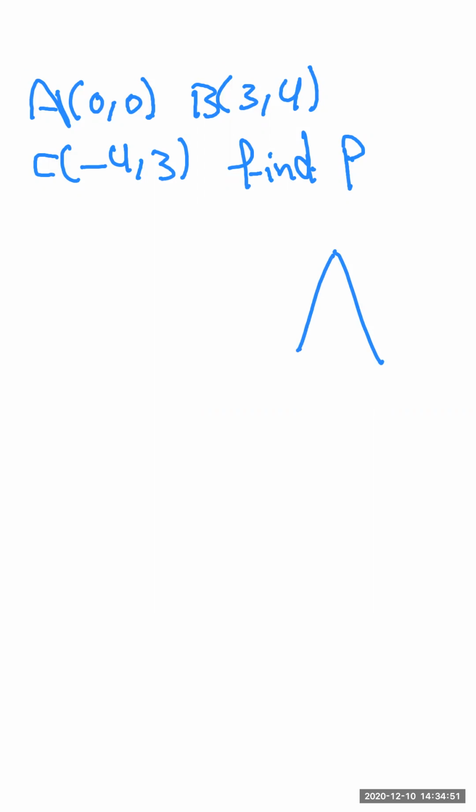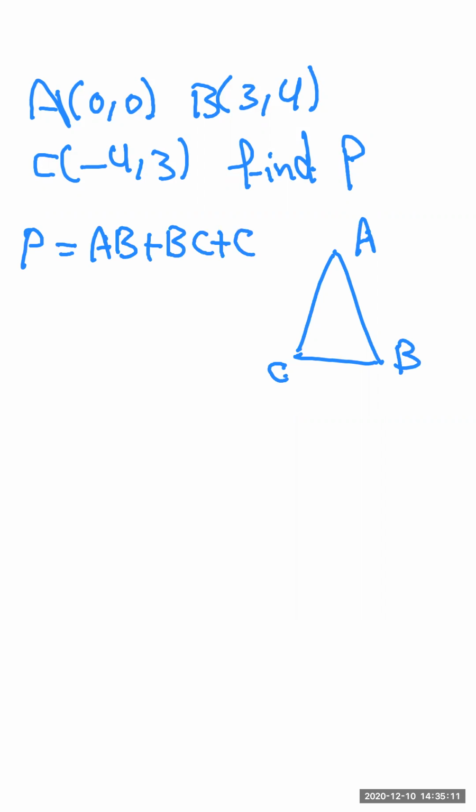Triangle like this one, guys, A, B, C. I want to get the perimeter. Perimeter of the triangle means AB plus BC plus CA, right? The perimeter will equal AB plus BC plus CA. Okay, now I want to get AB and BC and CA.